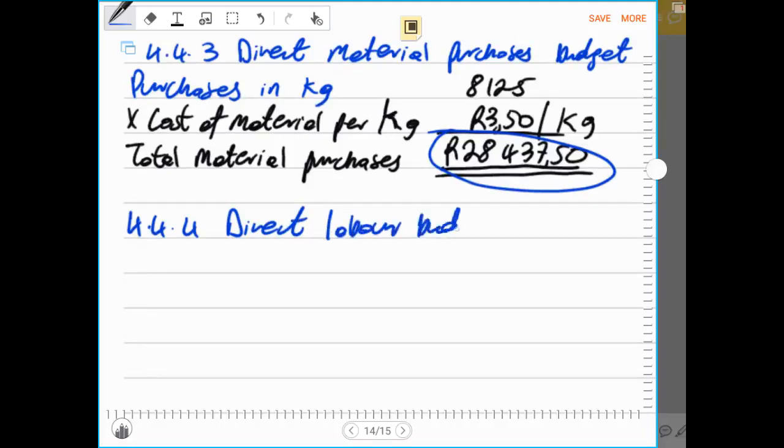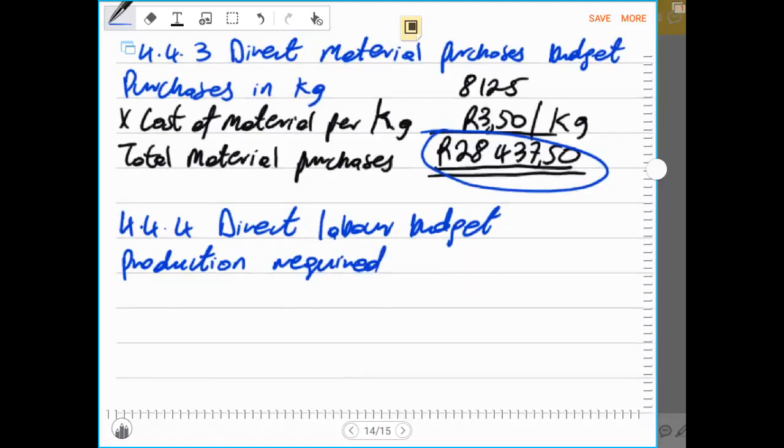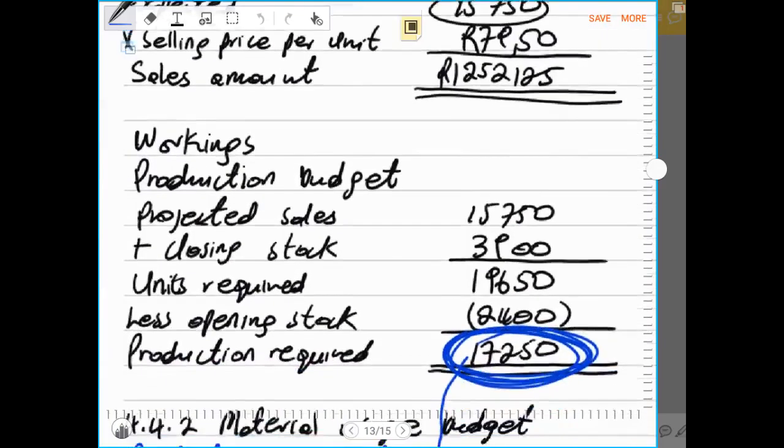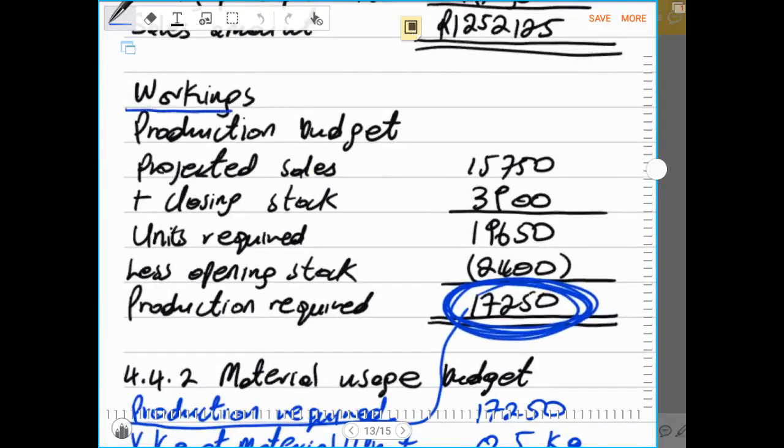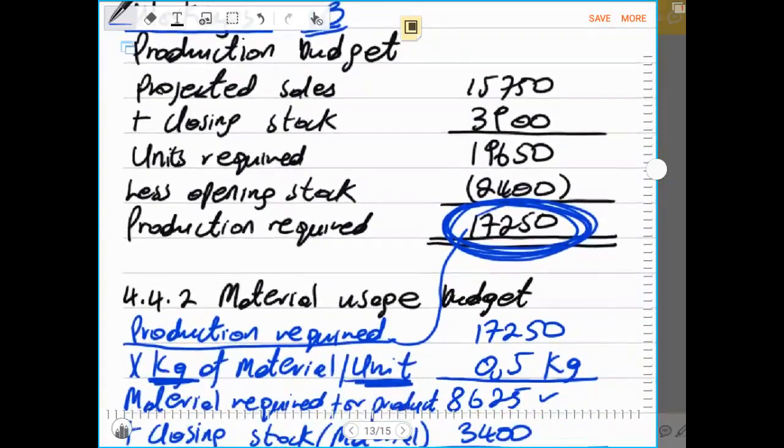Direct labor budget starts with the production required. Remember, production required is the budget we did as our workings. This budget is very, very important, because if this budget is wrong, all the budgets will be wrong.